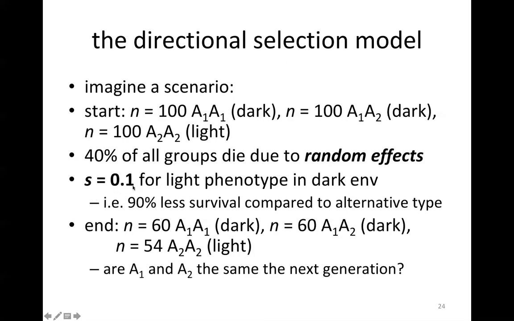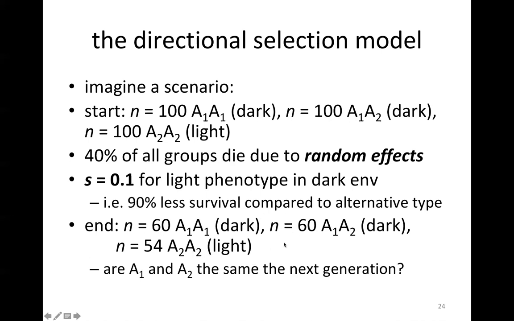So assuming selection coefficient is 10% against the light phenotype, we would have these numbers at the end of the day that would be able to produce the next generation. As you see, only 60 dark homozygous left, 60 dark heterozygous left, and 54 A2A2 light phenotype mice left.